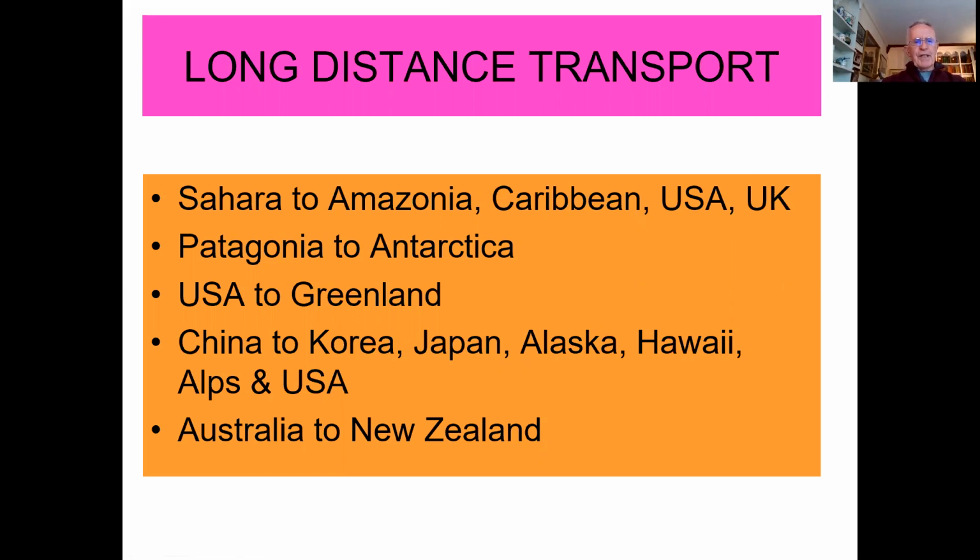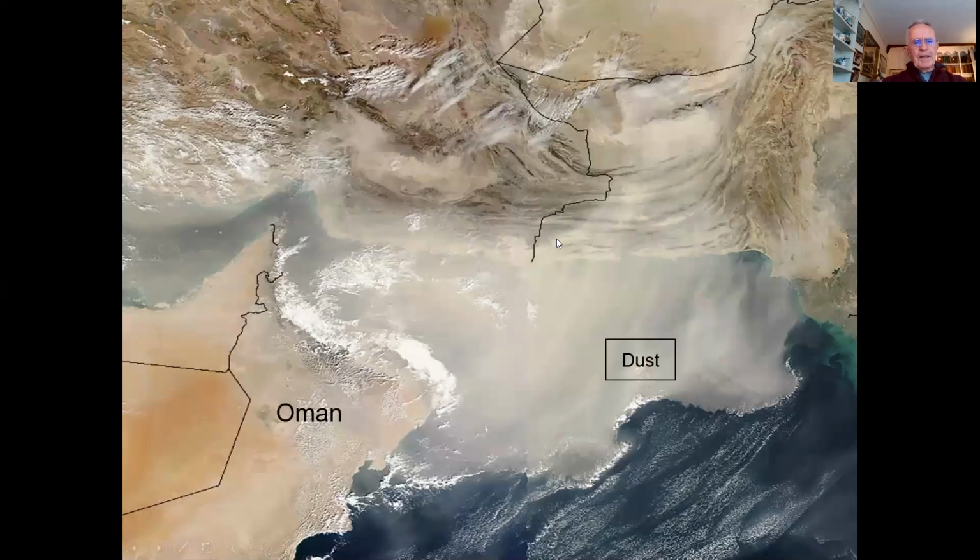So we find that dust from the Sahara goes across the Atlantic to Amazonia, the Caribbean to the USA. It even comes to the UK. Dust from Patagonia gets to Antarctica. Dust from the USA gets to Greenland. Dust from China goes all the way around the world. And dust from Australia gets to New Zealand.